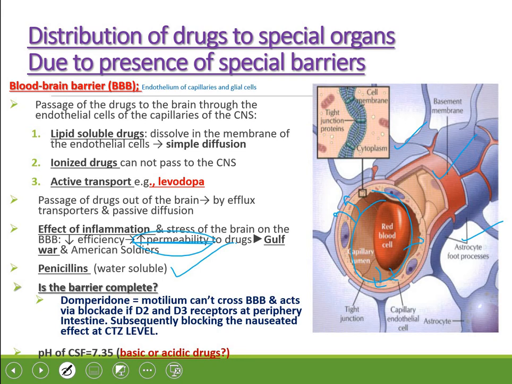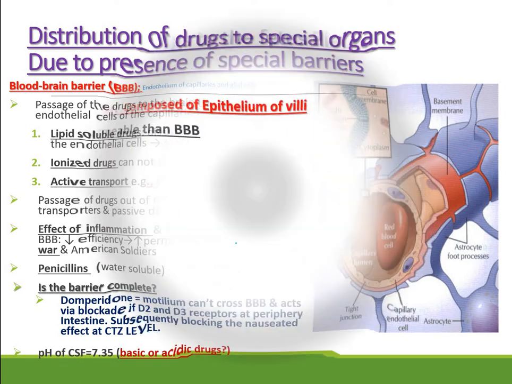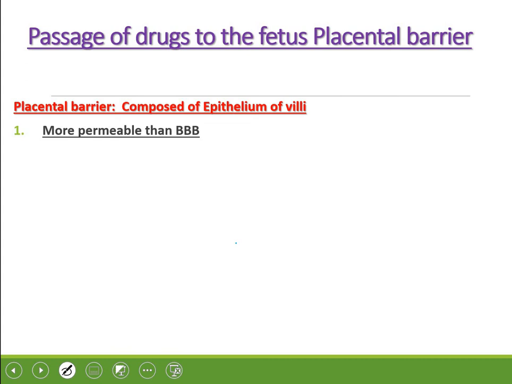Penicillin is water soluble and cannot cross the blood-brain barrier, and that can create problems, especially for certain drugs that cannot cross it. Like if there is tuberculosis of the brain, intrathecal administration of the drug is required. So it depends on the type of tissue where you want to carry the drug.